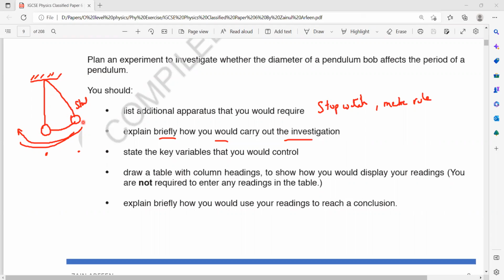So we mark the mean and extreme position, clamp the pendulum with a stand, displace it to its extreme position, start the timer and record the time for 20 oscillations, and then divide the time recorded by the number of oscillations to get the time period. Then repeat the procedure with a different size of pendulum, because we are finding how the diameter of a pendulum affects the time period.